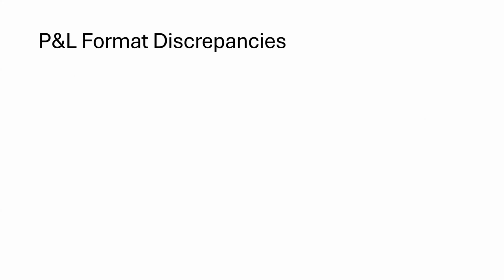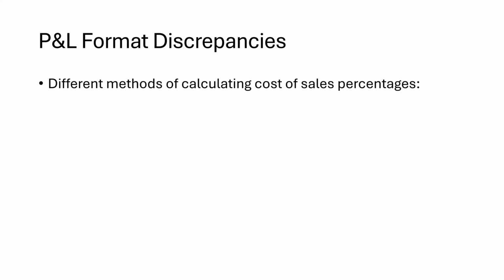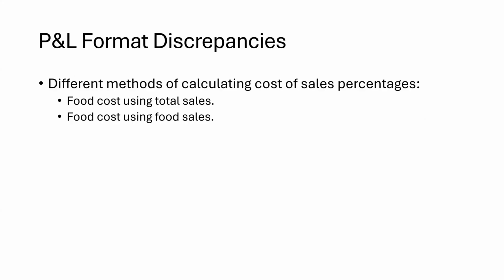In the discrepancies, you want to make sure of these things as we get down here to the end of the lesson. There are different methods of calculating cost of sales percentage. Some people use total sales, everything that's sold, and some people use just the food sales. So you want to make sure that you're consistent.